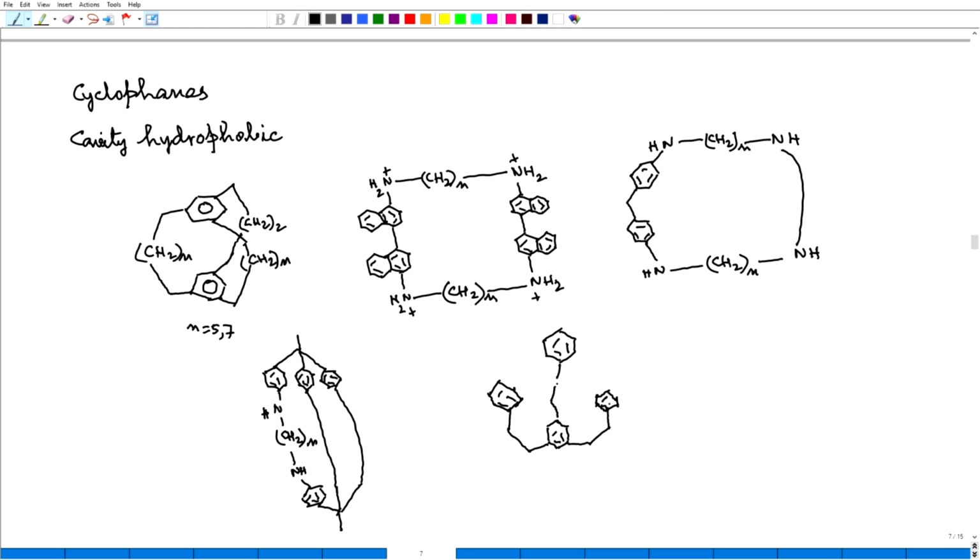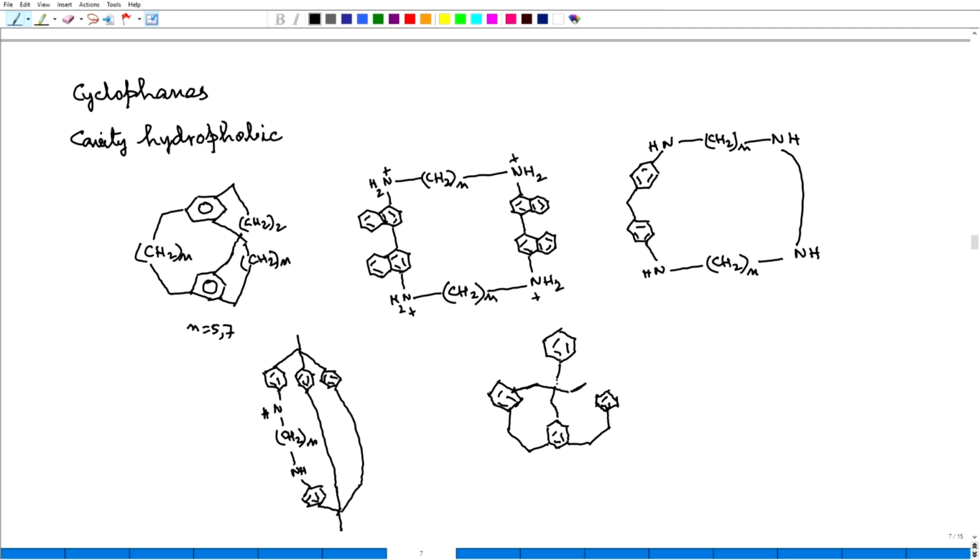It's quite an interesting compound. Let me draw.